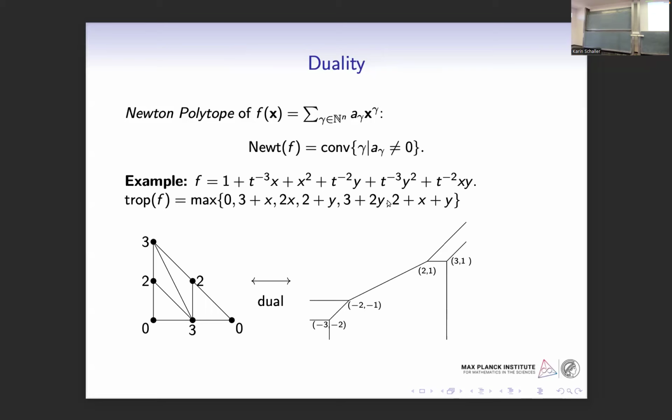And these 3 vertices tell me that these linear forms are equal and take the same maximum among all of these linear forms at that vertex. So I would say, okay, I need to compute 0 equals 3 plus x equals 2y. And this has to be bigger than all the other terms. And well, the solution of this is minus 3. So this is how you can compute. That's the question.